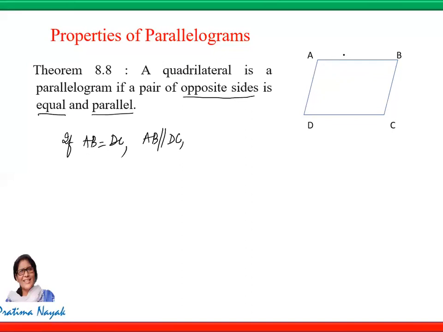One pair, they are parallel and they are equal, then ABCD is a parallelogram. So to prove a quadrilateral is a parallelogram, you have to remember all the conditions.